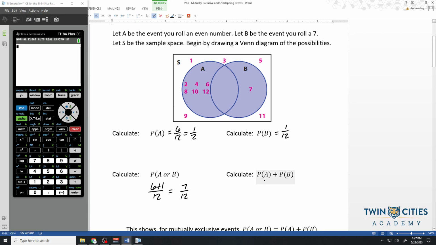And now I've got to calculate the probability of event A plus the probability of event B. Well, the probability of event A is 6 over 12. There are 6 even numbers. Plus the probability of event B is 1 over 12. There's 1 7, which is 7 over 12.